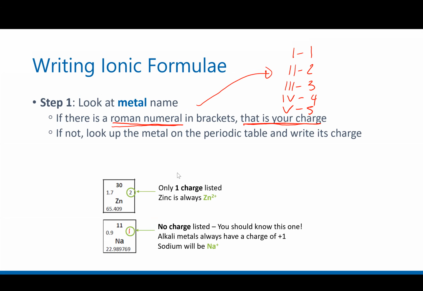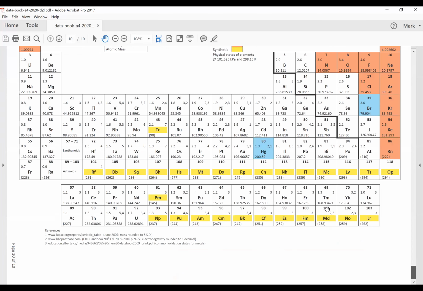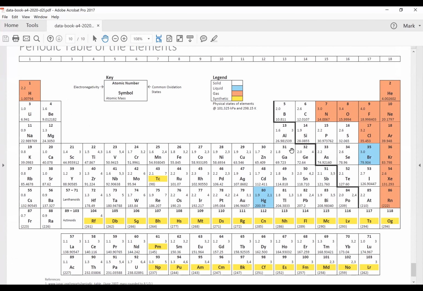It's not as hard as it looks once you practice it. Okay, so I'm scrolled down right to the bottom of the page. Here is my periodic table. So basically, everything you need to know about charges is typically written here. I don't know if you guys can see that. I'm up in the key at the top of the page.